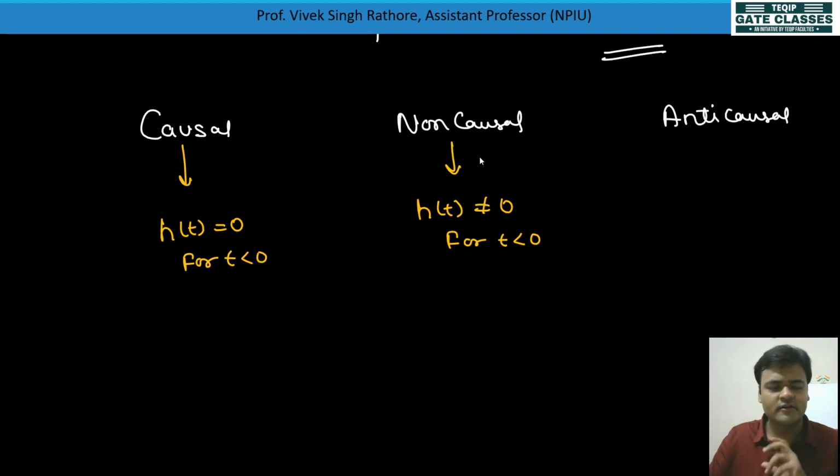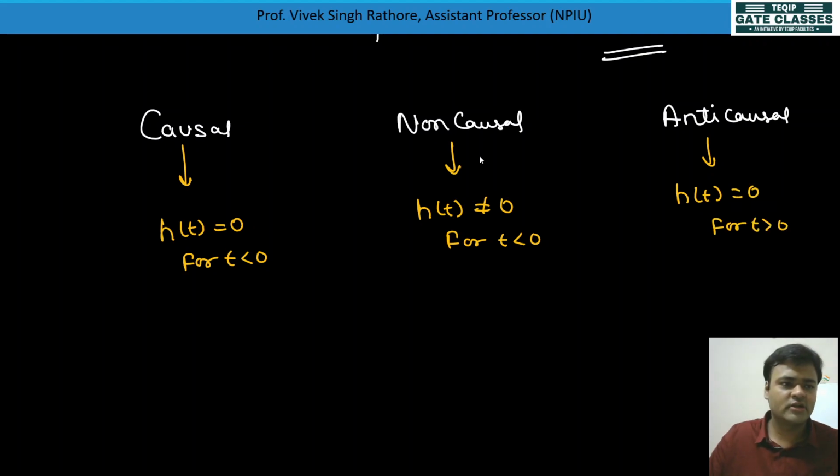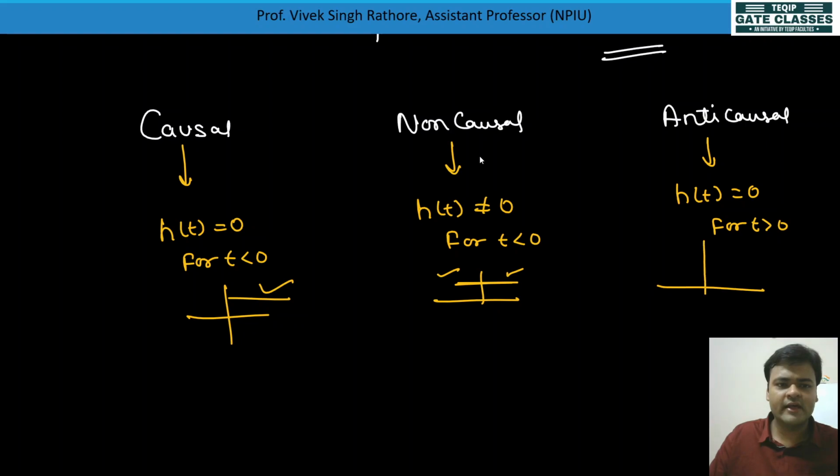This is the condition for a non-causal impulse response. And anti-causal is h of t equal to 0 for t greater than 0, just the opposite of causal. Non-causal means h of t is not equal to 0 for t less than 0, so it can exist here also. This is the difference between causal, non-causal and anti-causal signals.